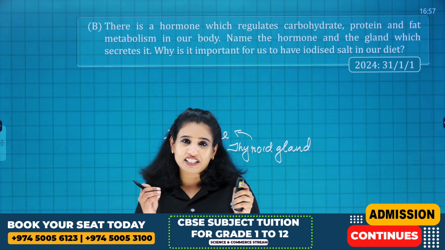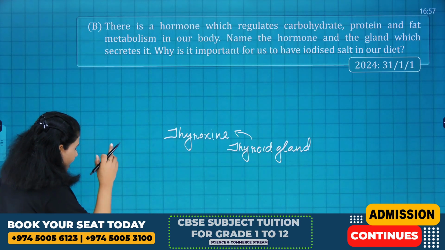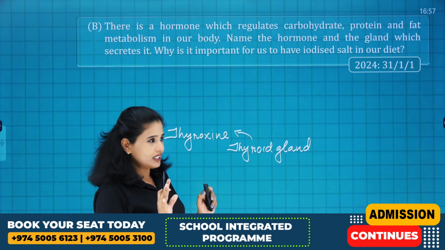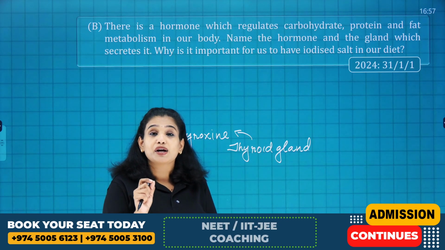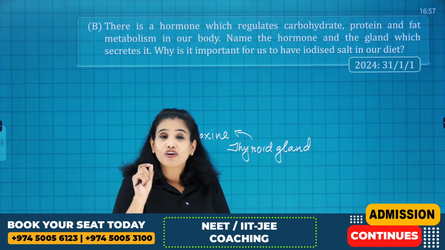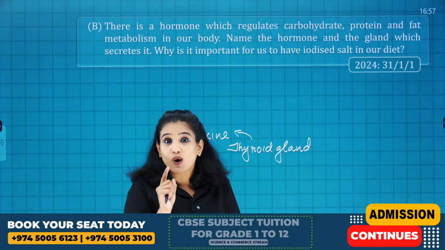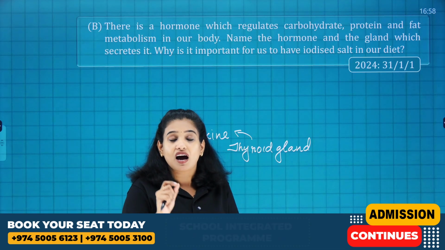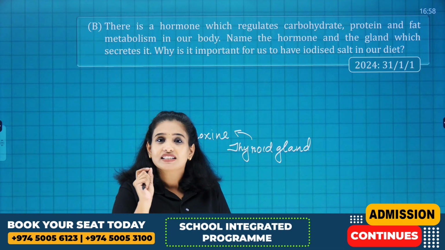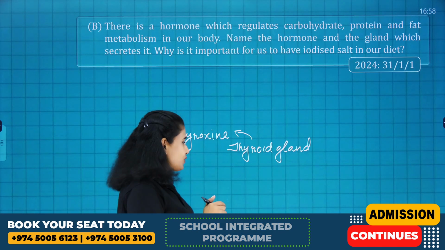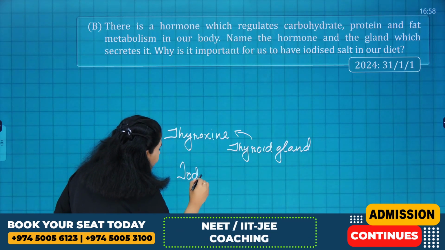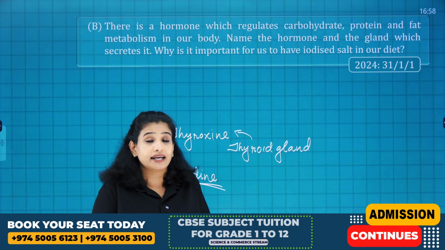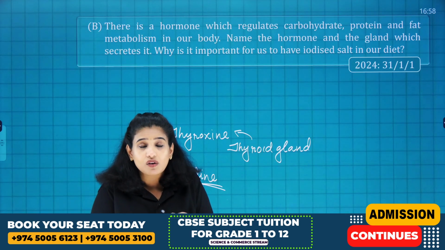So here is the descriptive answer for this. The thyroid gland produces thyroxine. We know that thyroxine is tetraiodothyronine. That means for the synthesis of thyroxine, what is important? That is iodine. Iodine is necessary for the synthesis of thyroxine. If iodine is not getting through our diet, what will happen?